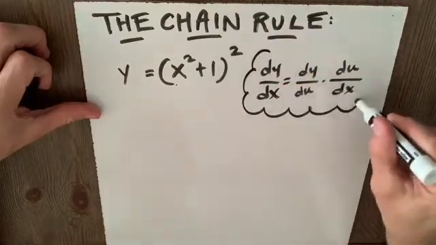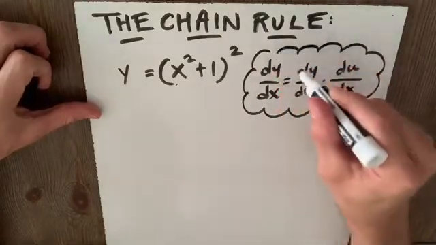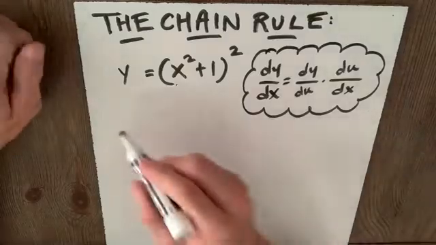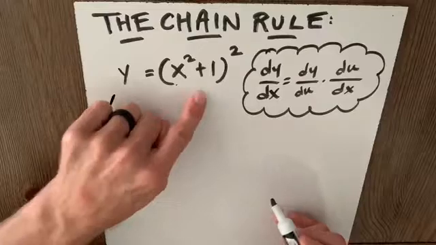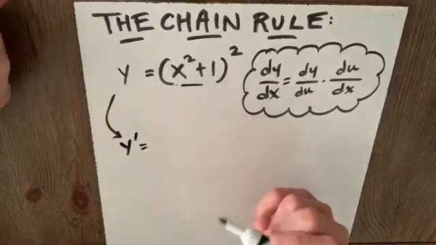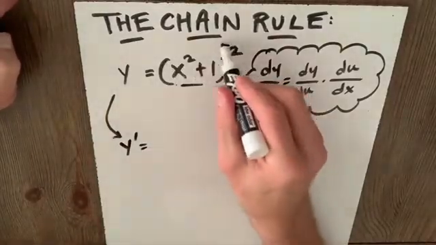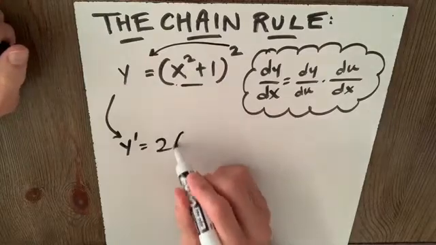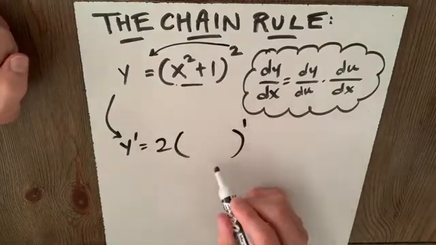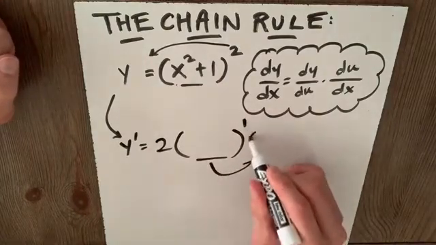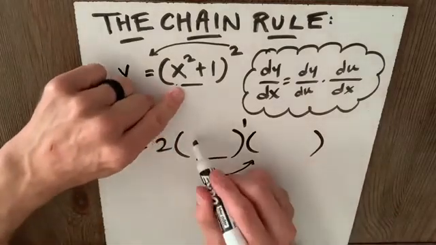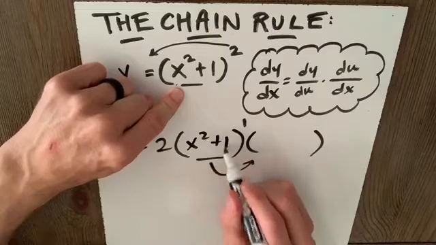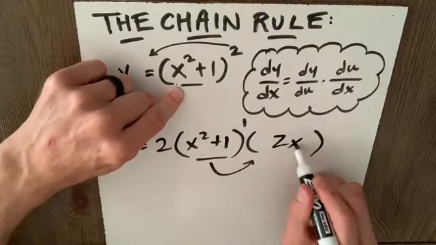I am using this rule, and I know that can be a little bit confusing. What do we do? If we want to find the derivative, y prime, and this isn't just x, treat it as if it were a giant x. So use the power rule, 2 times whatever's in parentheses to the first power, and we're going to tag on the derivative of whatever's in parentheses. So this is x squared plus 1 times the derivative of that, which is 2x.